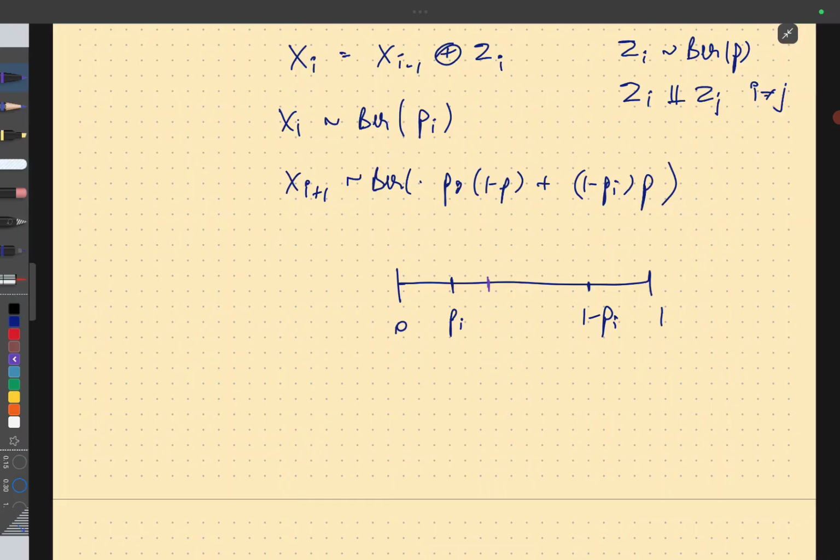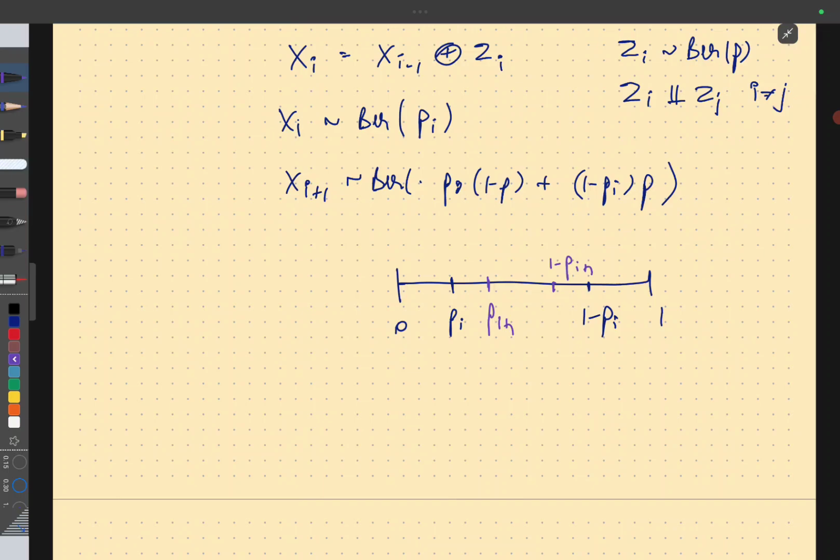Maybe this is my pi plus 1 and this is 1 minus pi plus 1. So as i increases, pi and 1 minus pi get closer and closer to each other. It's symmetric, so eventually it must go to half.